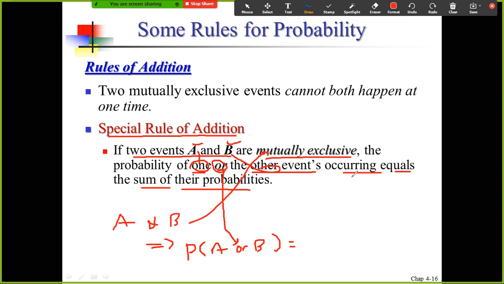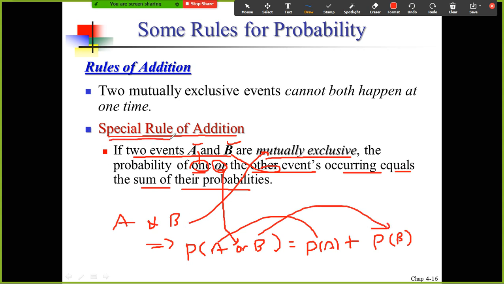So P(A or B) is equal to the sum. What does it mean, the sum? Plus, the sum of their probabilities: the probability of A and the probability of B. Okay, this is the special rule.